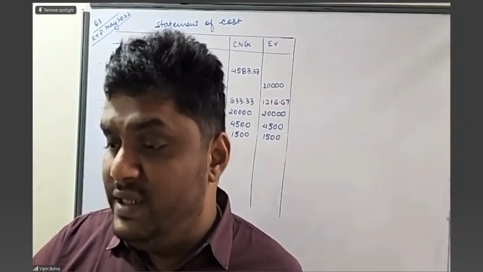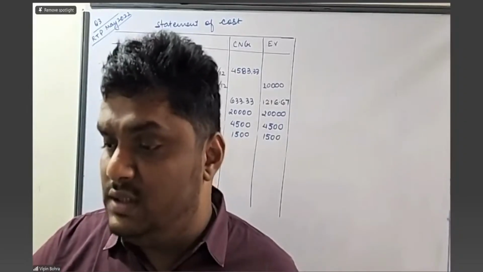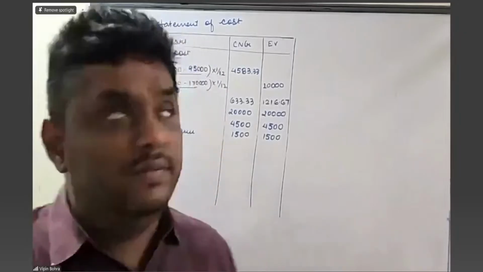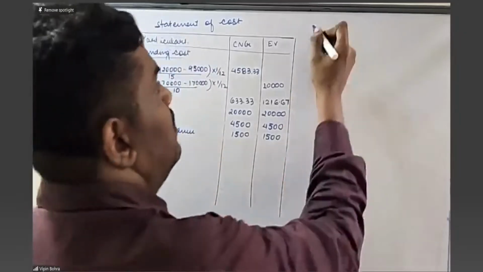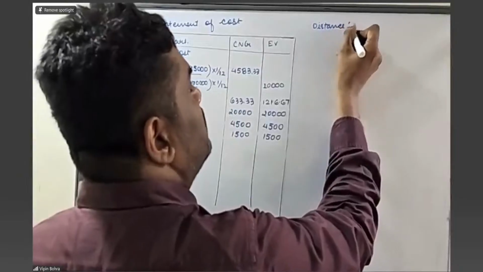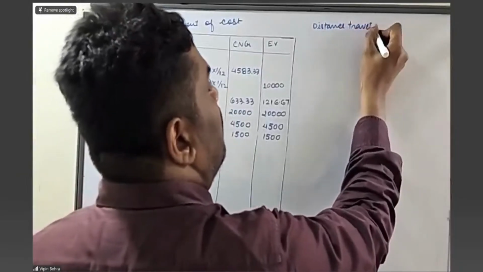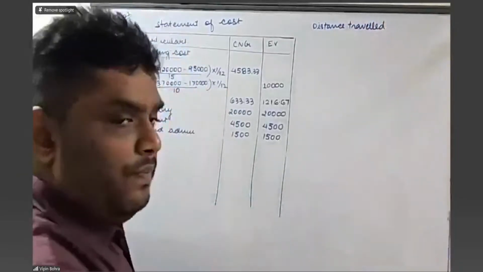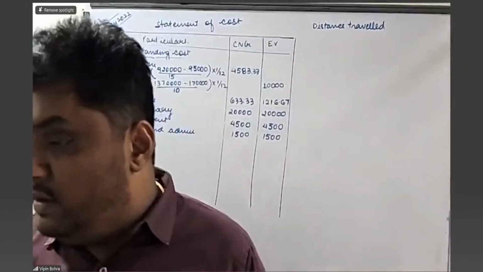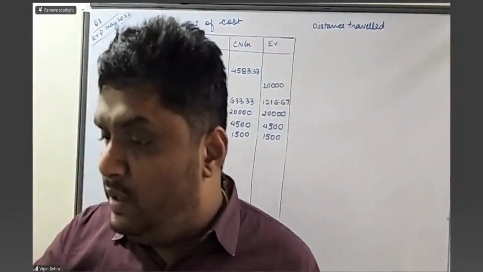That is, first one is basically the fuel cost, thereafter the tire cost and the battery replacement cost. So for this, we need to first calculate the distance traveled total. When talking about the distance traveled, it is given 1500 kilometers per month.